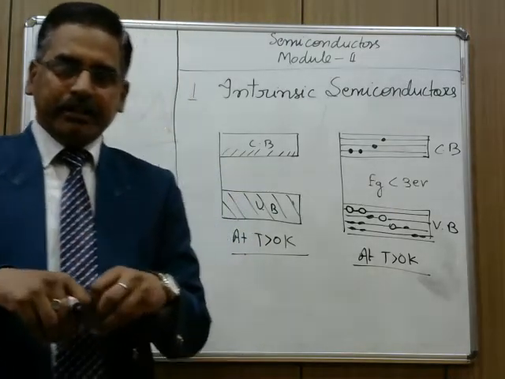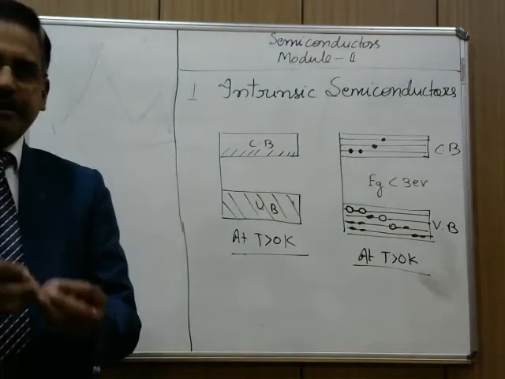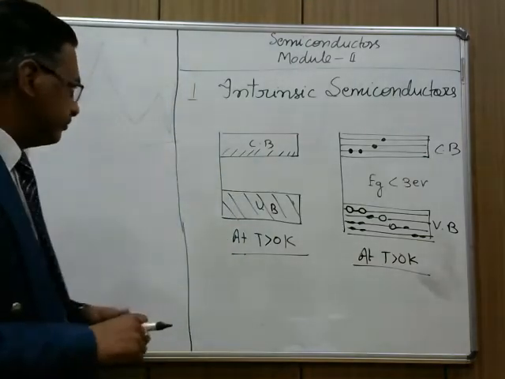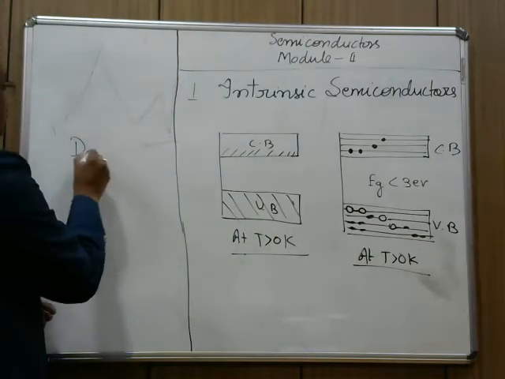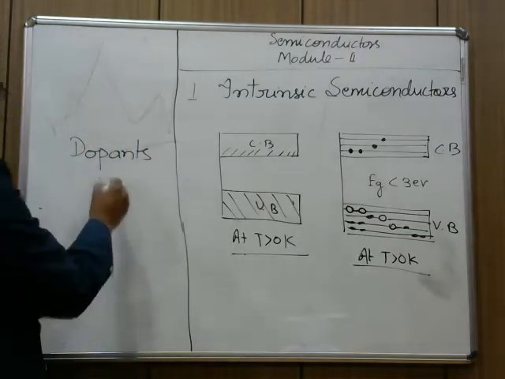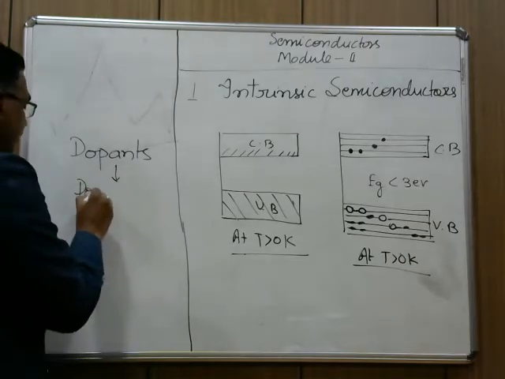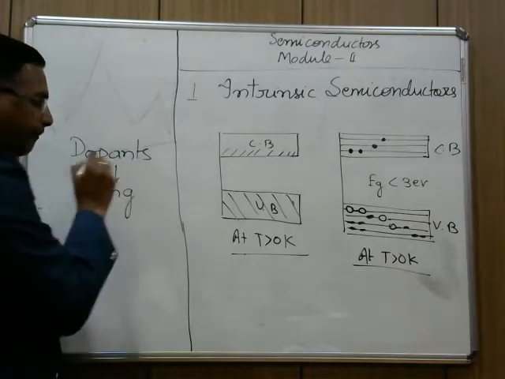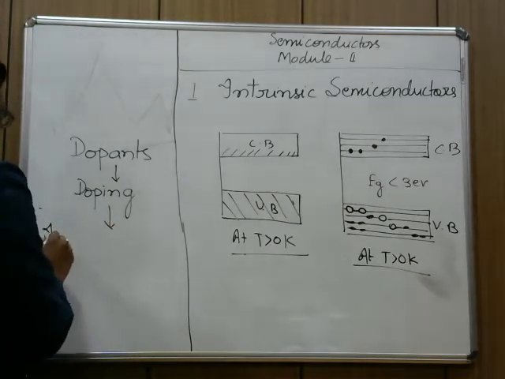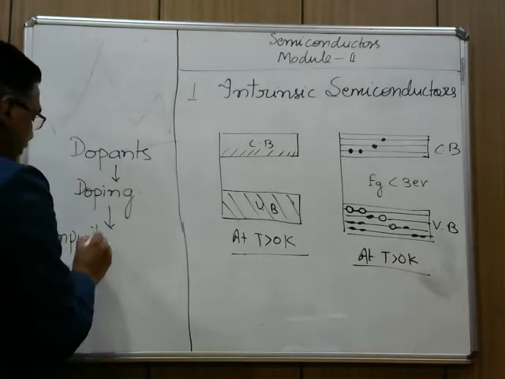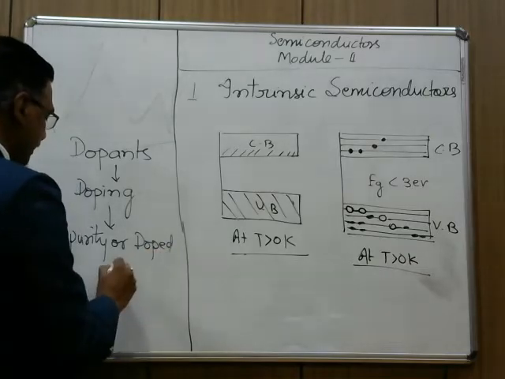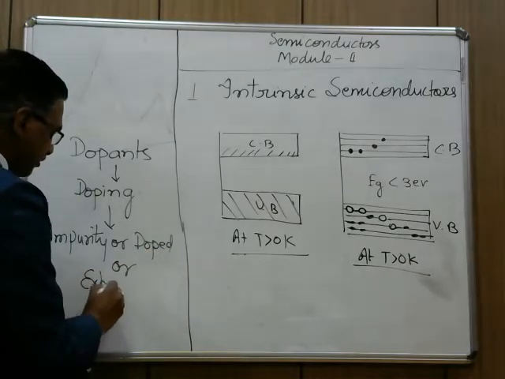The material or atom so selected to add is called a dopant. The process adopted is called doping, and the semiconductor so formed is called an impurity or doped or extrinsic semiconductor.